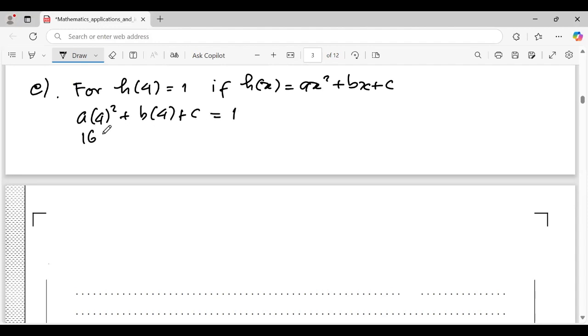And it is 16a plus 4b plus c equals 1. This is the first equation.